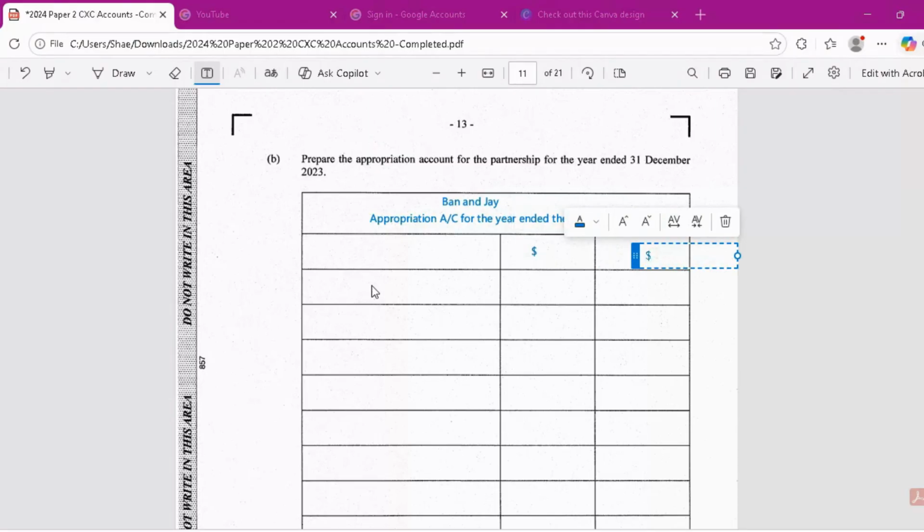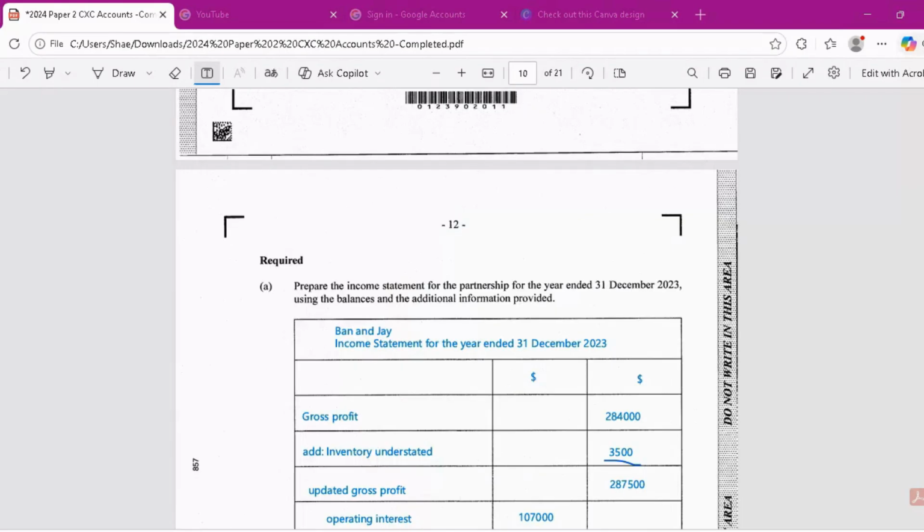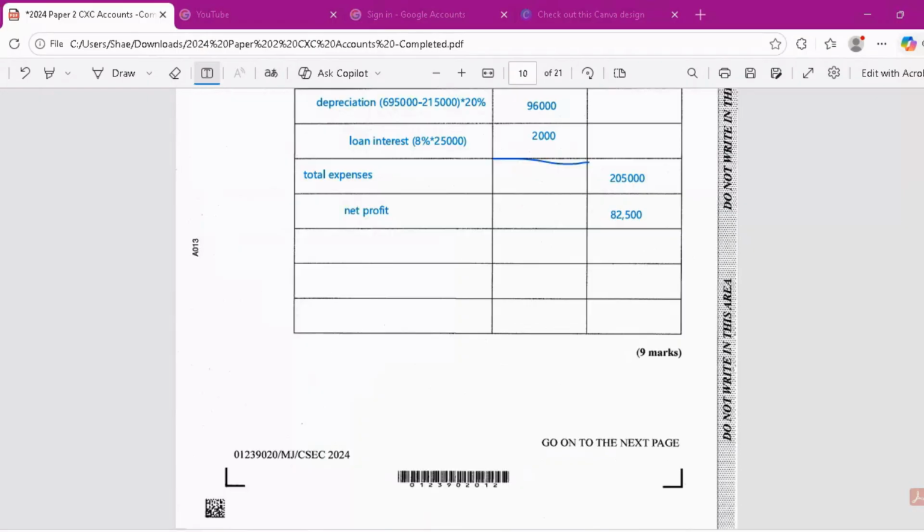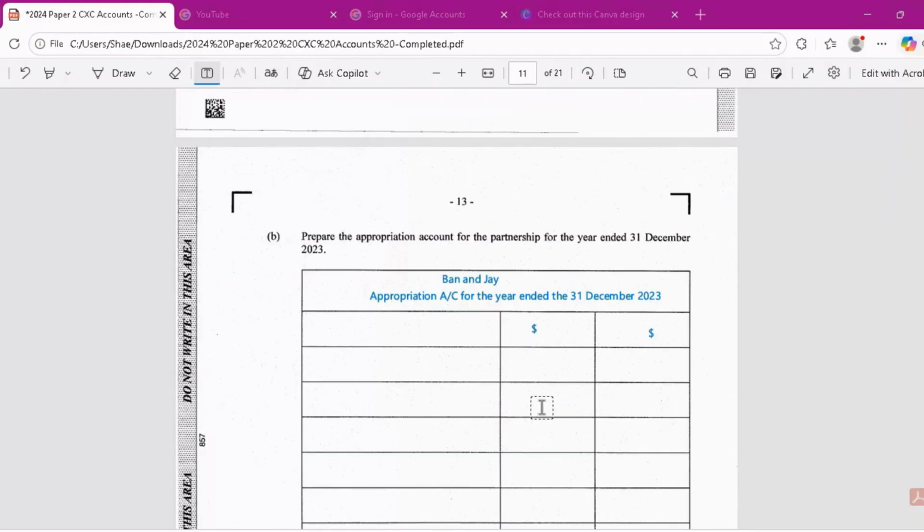So remember your appropriation account always starts with the profit. So let's look at what that profit is, which we just worked out as 82,500. So this is the profit we're going to share between the partners.